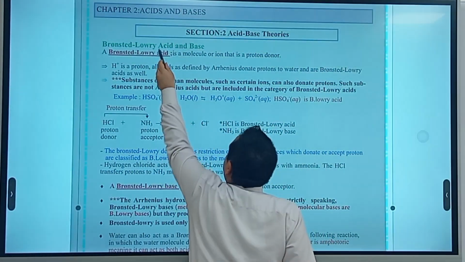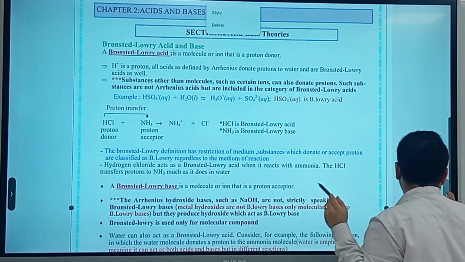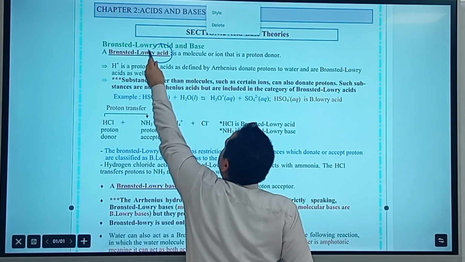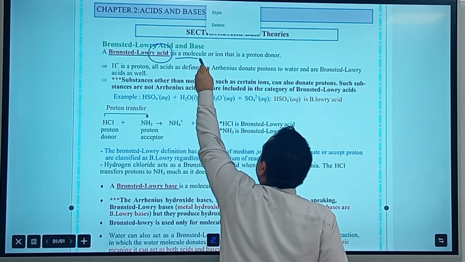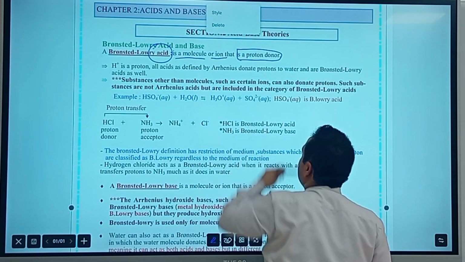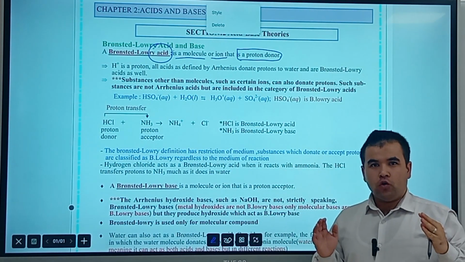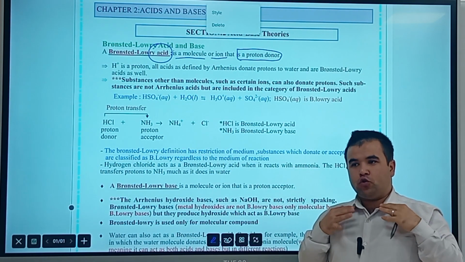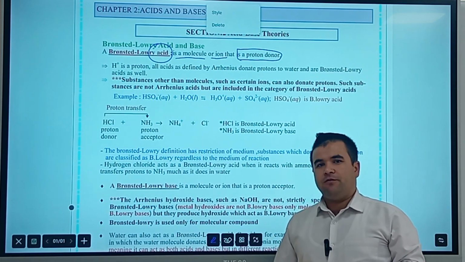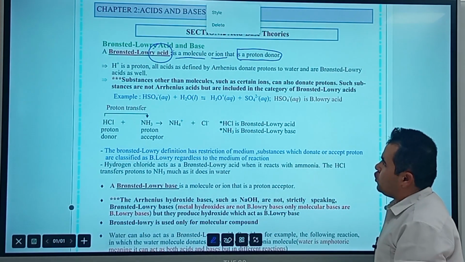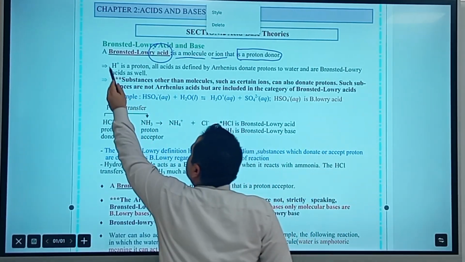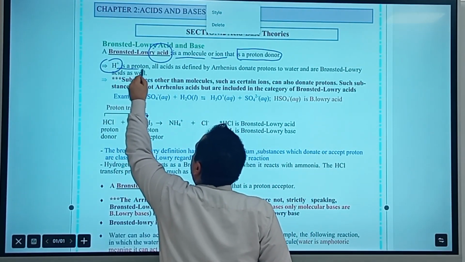Acids are those compounds, molecules, ions that donate a proton. Any molecule or ion that has a proton and has the tendency to donate that proton can be classified as what? As the Bronsted-Lowry acid. The H positive, guys, we call a proton.